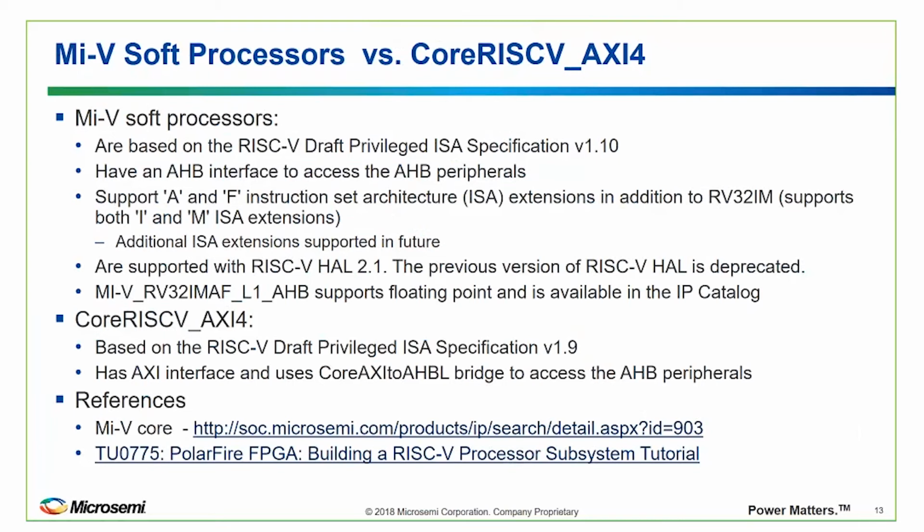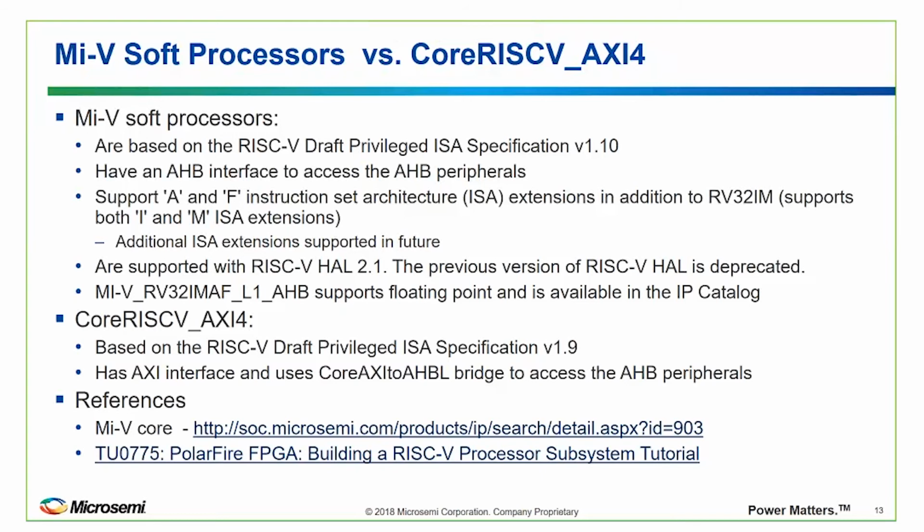I'm going to show you the firmware catalog where we provide drivers and the hardware abstraction layer. These are supported with version 2.1 of the hardware abstraction layer. The original core RISC-V AXI4 was based on the RISC-V draft privilege ISA spec version 1.9, and it had the AXI4 interface, and most of the peripherals that we provide have either an AHB or an APB3 interface.